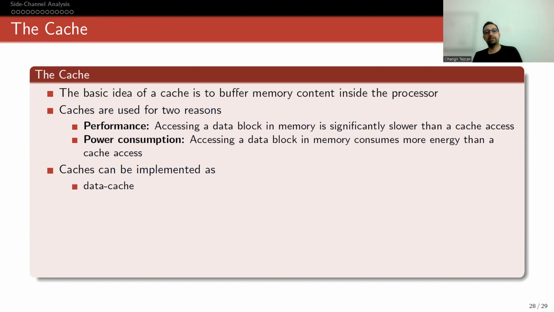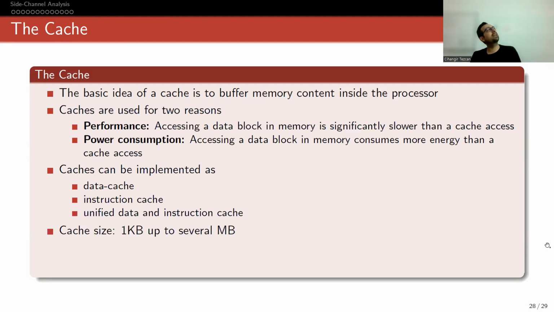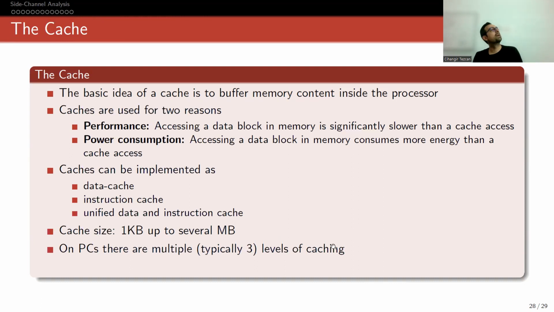Caches can be implemented as data cache, instruction cache, or unified data and instruction cache. And there are many cache sizes, starting from 1 kilobyte up to several megabytes. Nowadays our CPUs come with many megabytes of cache. On PCs there are typically 3 levels of caching: L1, L2, L3 cache. For example, this Intel CPU has 20 megabytes of cache.